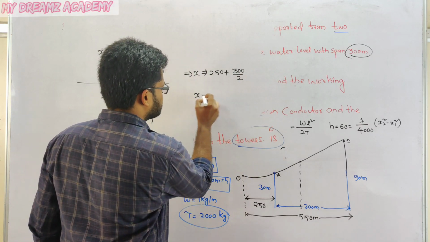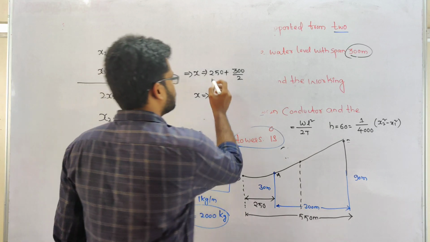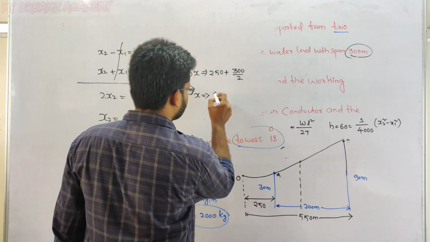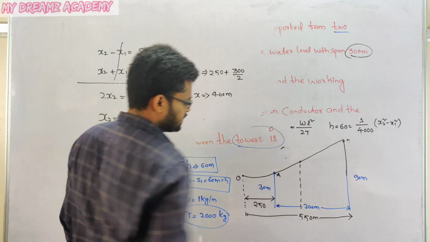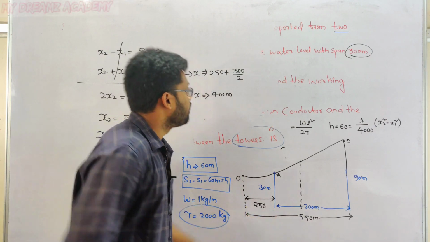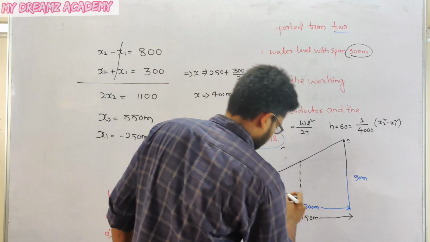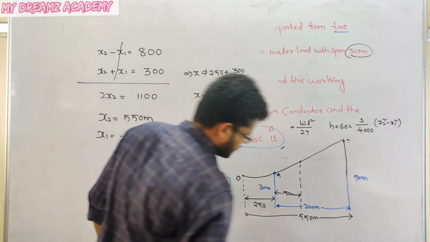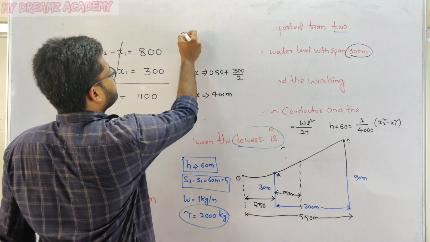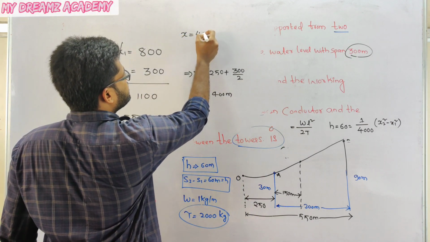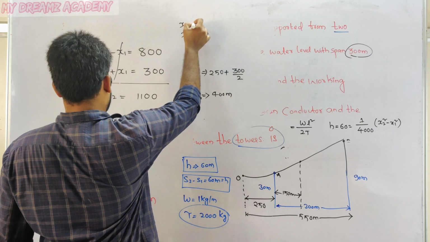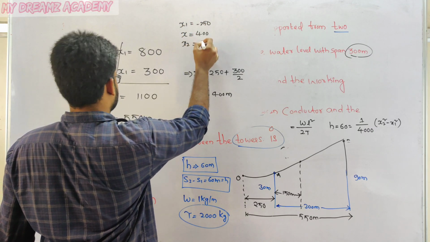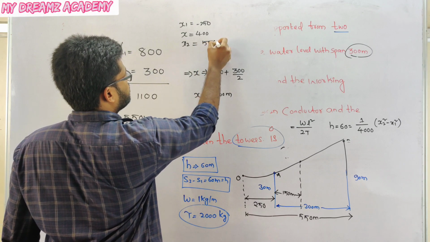So it will give x, the midpoint: 250 plus 150, that is 400 meters. Here it is 250 and 150. So x is 400 meters, x1 is minus 250, and x2 is 550 meters.